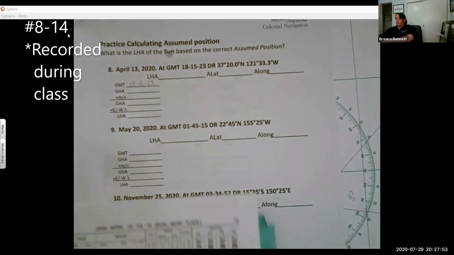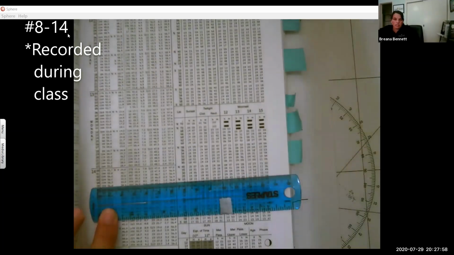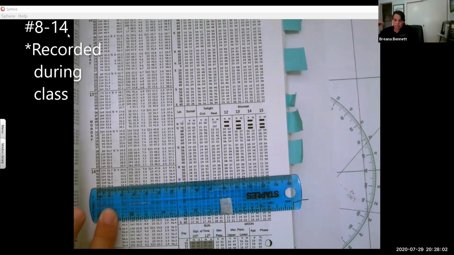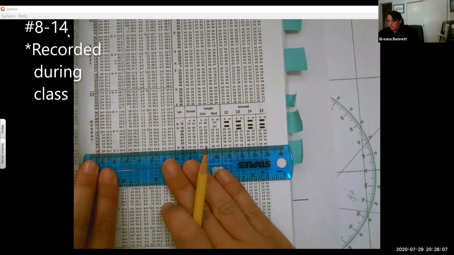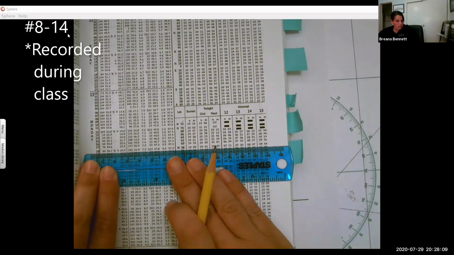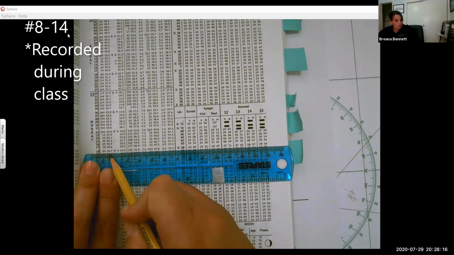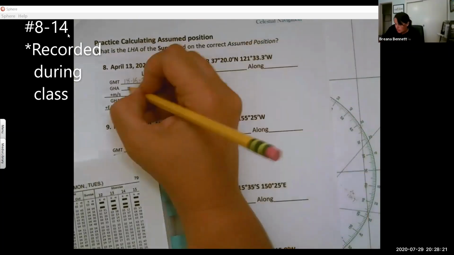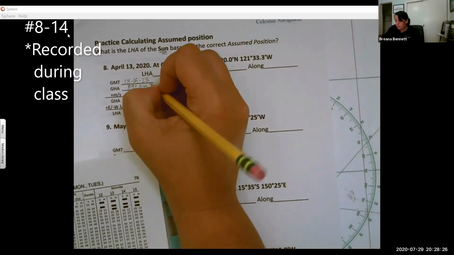So we go into our Nautical Almanac. Okay. The 13th at 1800 gives us a GHA of 89 degrees 54.7 minutes.